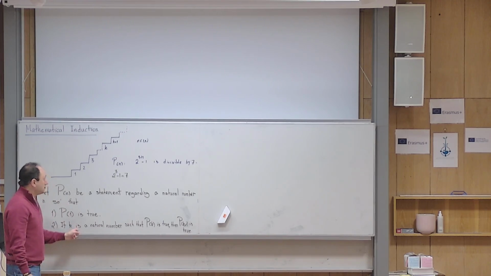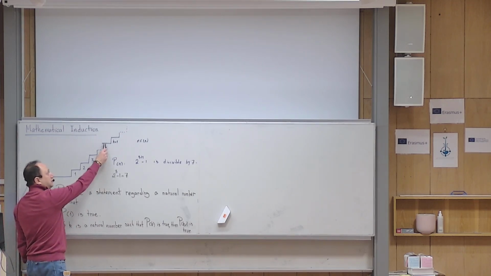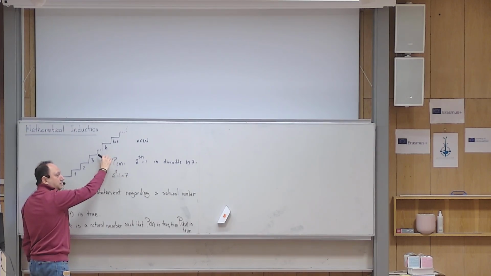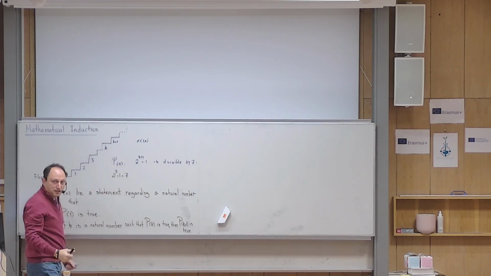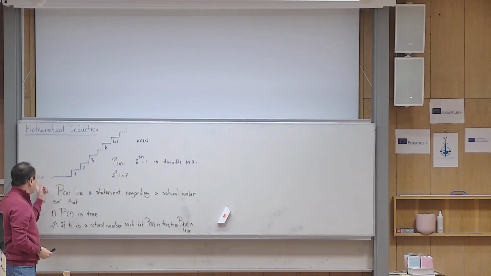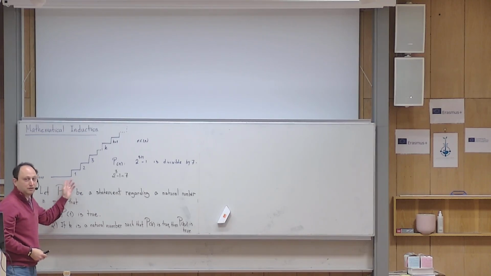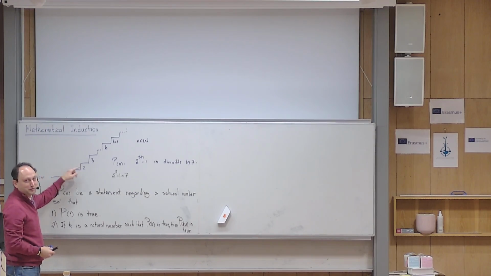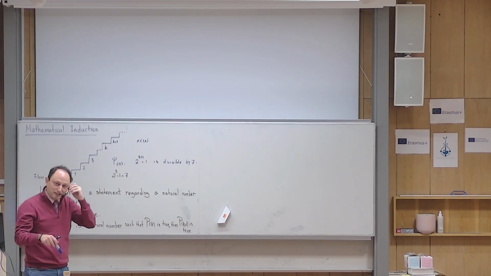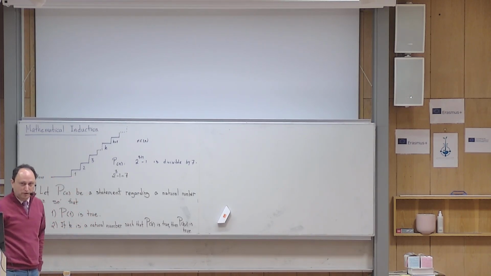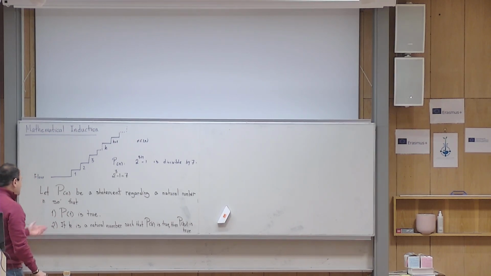Because the second one tells you that if your toy is on any one of these levels, it is guaranteed that it can go to the next level. This by itself does not guarantee that if you put the toy on the floor level, it will climb all of them, because it might come here and then cannot climb the first one. But if it can climb the first one, then because of the second rule, it is guaranteed that it will climb everything up.